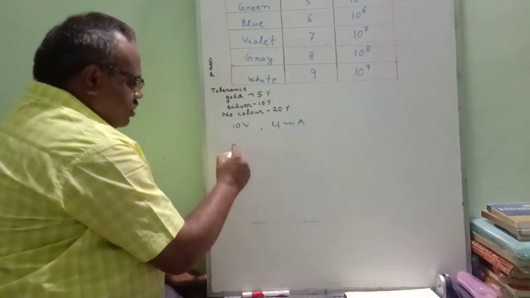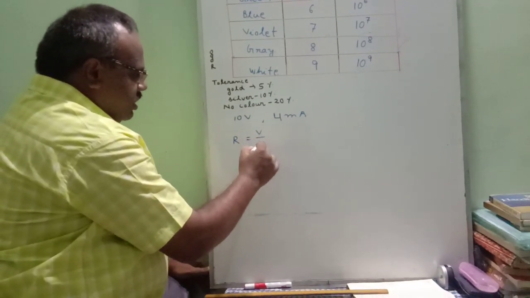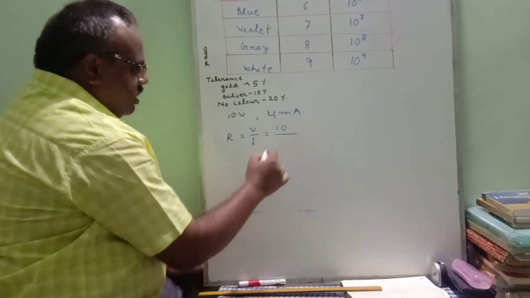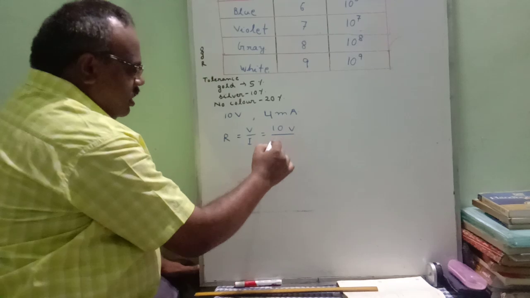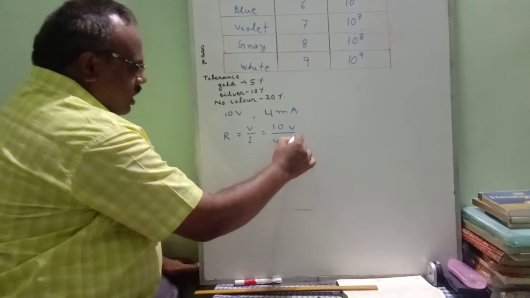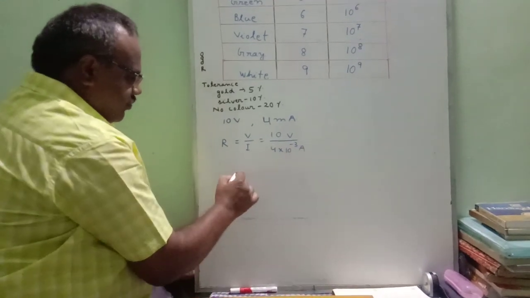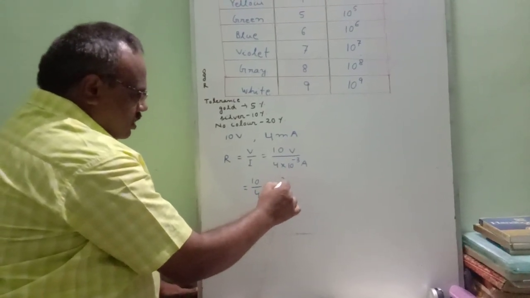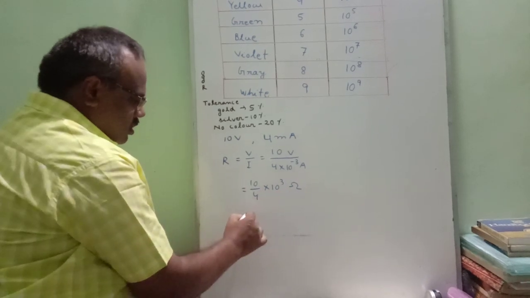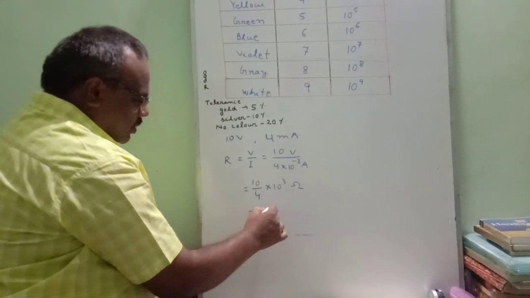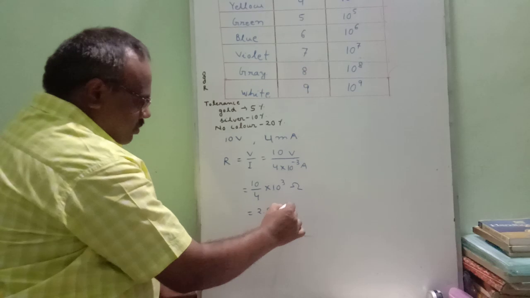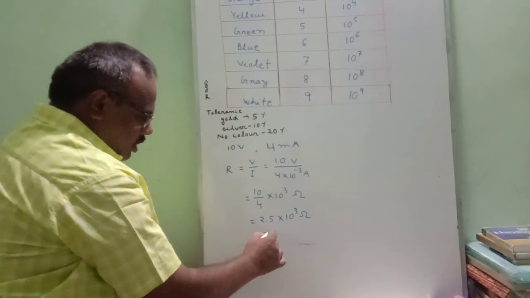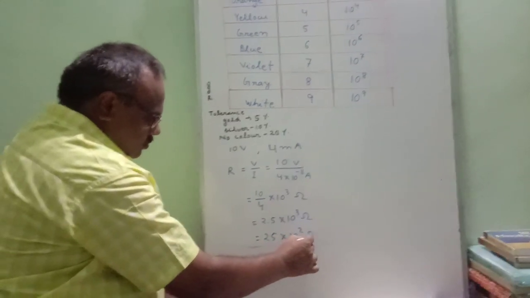According to Ohm's law, R equals V by I. So it is 10 volt divided by 4 into 10 to the power minus 3 ampere. This equals 10 by 4 into 10 to the power 3 ohm. So 10 by 4 is 2.5 into 10 to the power 3 ohm. So I can write this as 25 into 10 to the power 2 ohm.